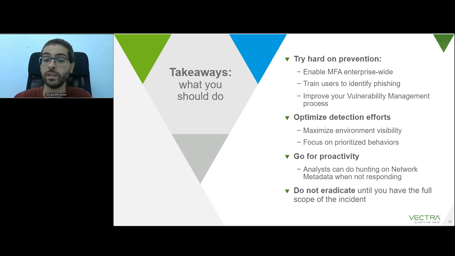You should definitely go for proactivity. You can wait for the next alert, but you can also actively look for behaviors, tactics, techniques that are known to be used by attackers that you expect to target your environment.